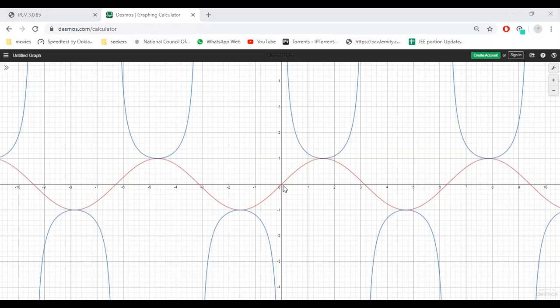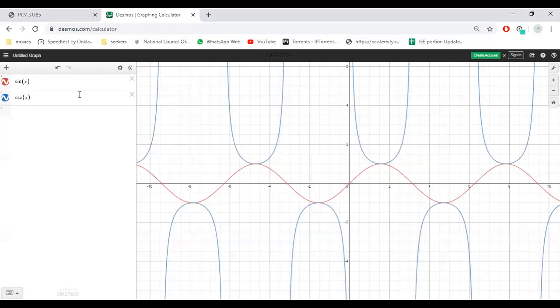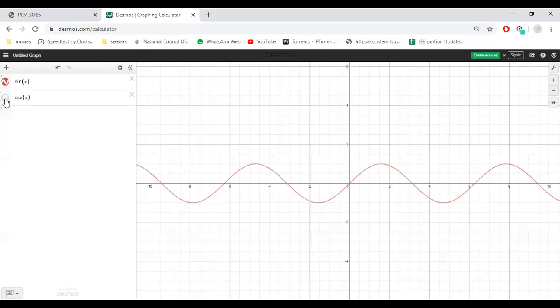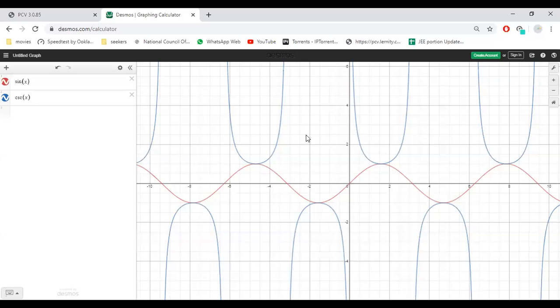Understood? This red colored curve is sin x, and this blue colored curve is 1 by sin x. Now if I remove sin x, this will be the cosec x curve.